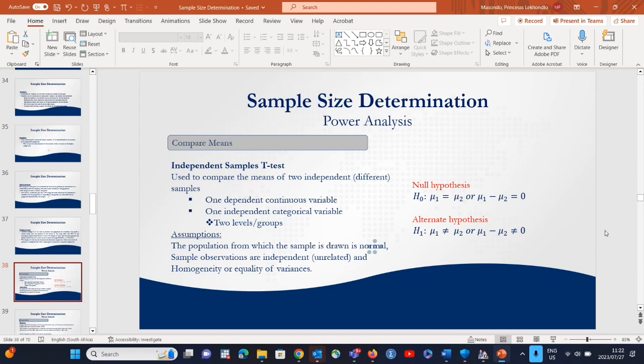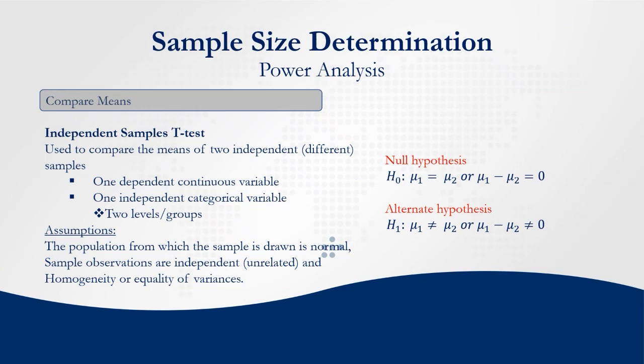Some of the examples I'm going to use SPSS, and because we are doing sample size estimation, there are other tools that are available that are free. I will also use GPower, and the link to download the software is also provided.